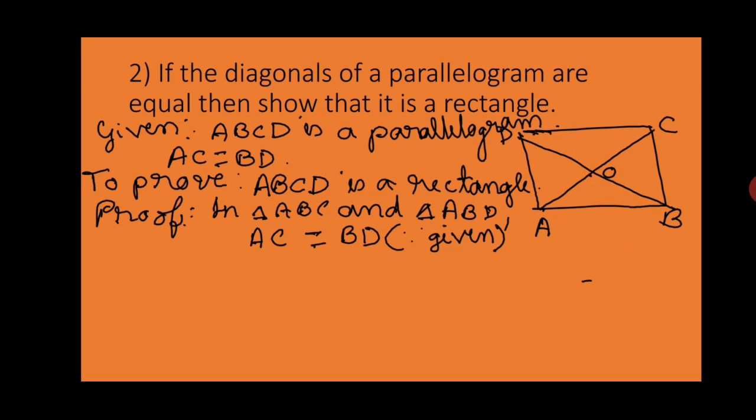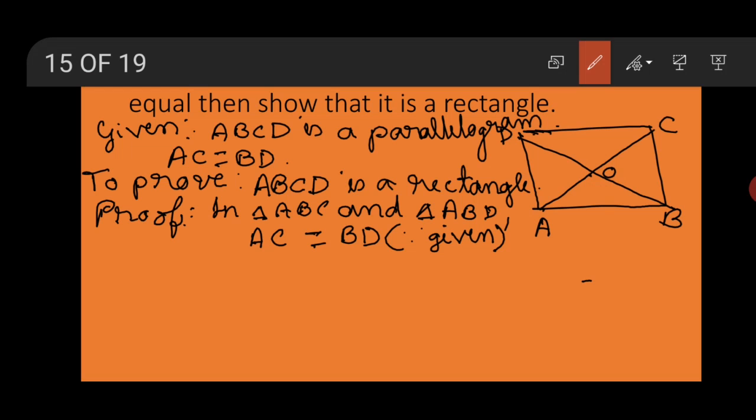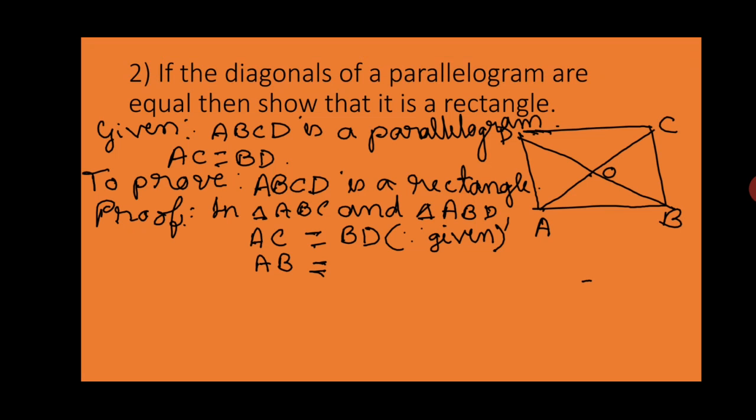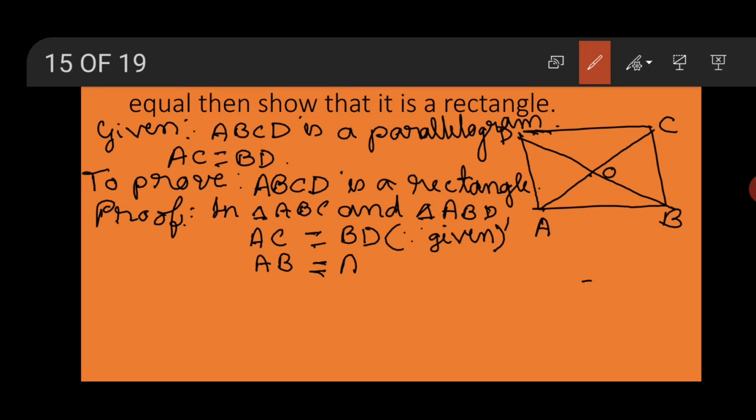AB is also common to both the triangles, right? In triangle ABC, AB is common. Similarly, in triangle ABD, AB is common. So, AB is equal to AB. Reason? It is a common side.